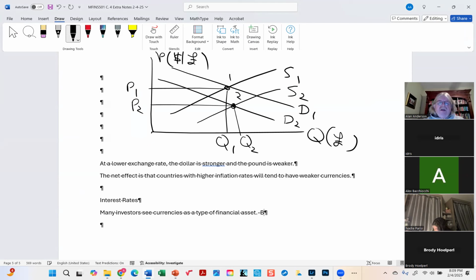If an investor holds, let's say, British pounds, or let's think of this as an American investor, then he or she can use them to earn the British rate of interest in a UK bank account.